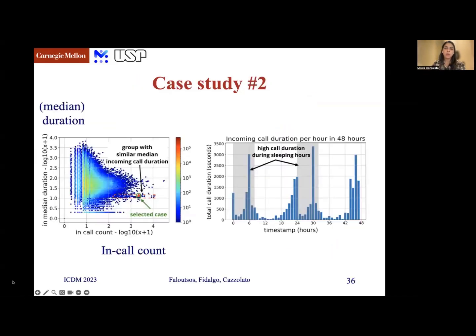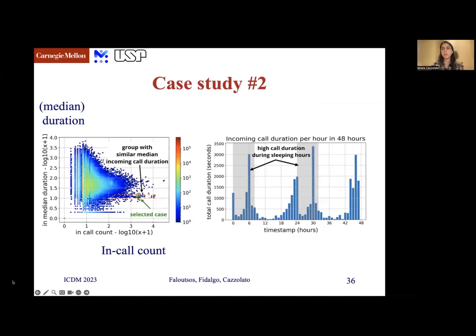So in the second case study, we have this horizontal line here, a group that we selected because they are receiving calls with very similar median duration.